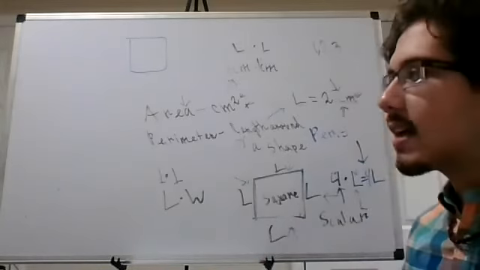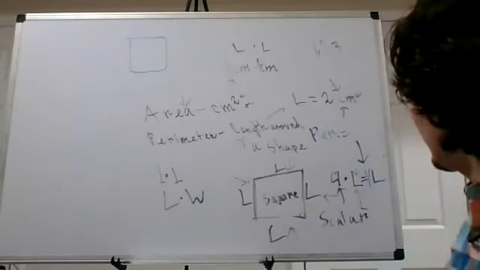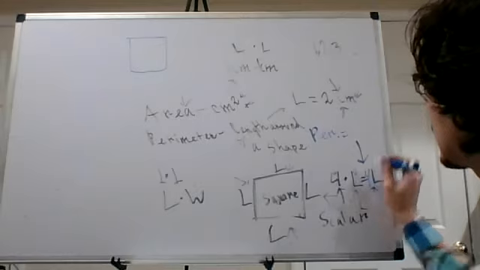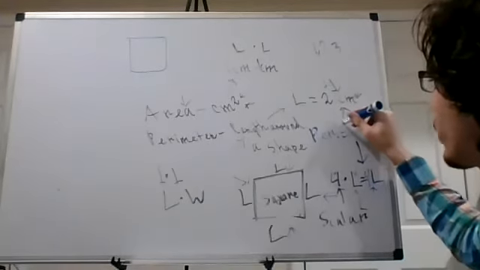May I have Mr. Nathan? Mr. Nathan, since we said that our perimeter should be 4L, and we know that L is 2 square centimeters, what should our perimeter be?